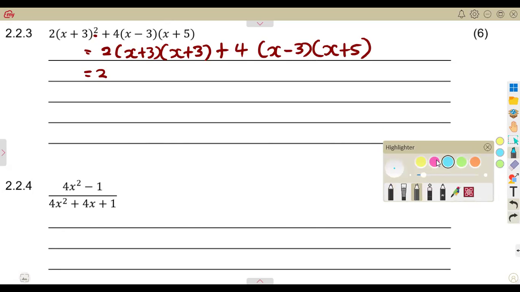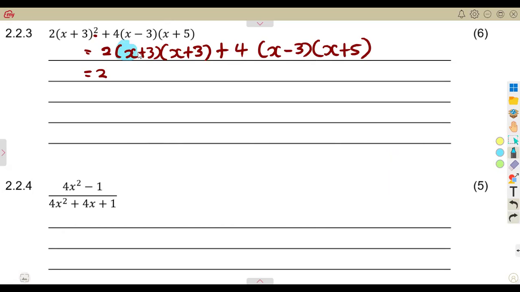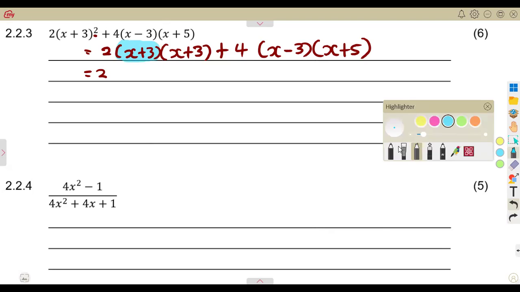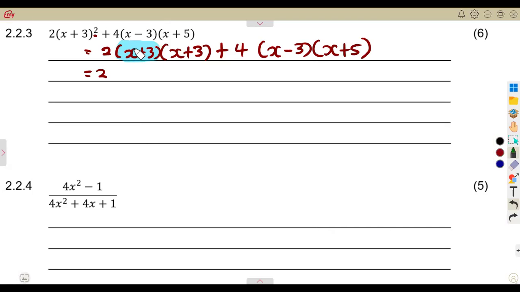So we need to focus now on this bracket. Everything in this bracket must multiply the second bracket. That is from your FOIL method. x multiplies everything. So it's x times x here, which is x squared. x again multiplies the other term outside, which is 3. So that's x times 3, which is 3x.